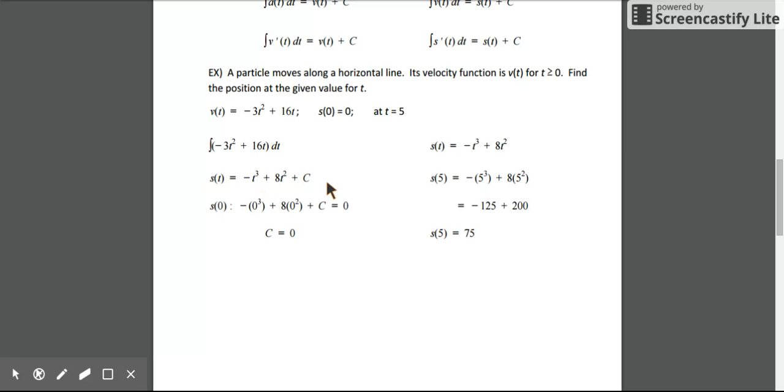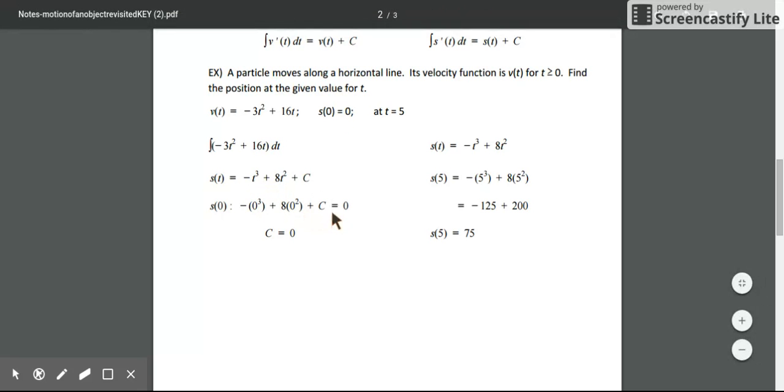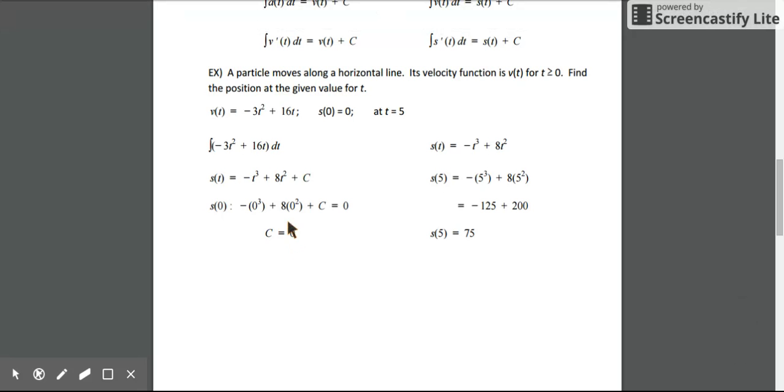We're going to use our initial condition to help us solve for that constant of integration. If I have an input of 0, my position is 0. So if I substitute 0 into my t spot and set my position function equal to 0, then we can solve for c. Doing that, we see that c is 0. Then we can rewrite our position function and substitute that for the constant of integration.